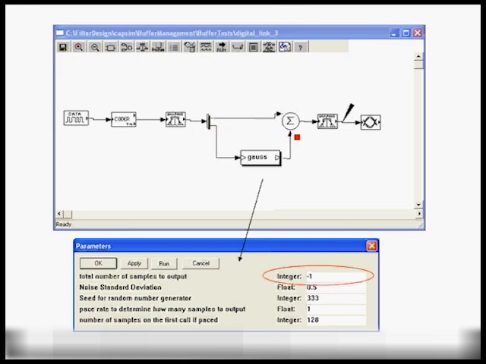So the add block then will exhaust all of the samples on its input buffers and output the samples to its output buffer, and we don't get a case where the samples keep piling on this buffer here because the Gauss block only generates a limited number of samples instead of what it needs to generate to match the increase in sampling rate.